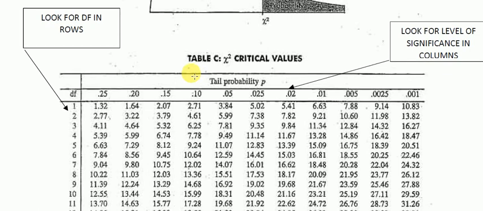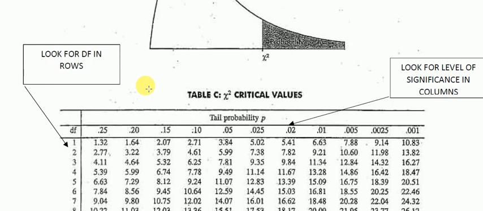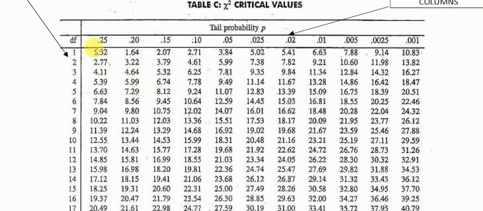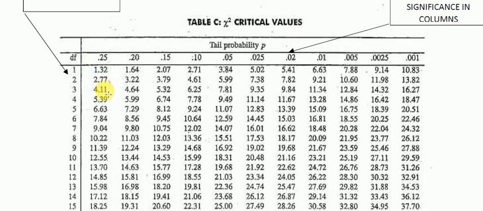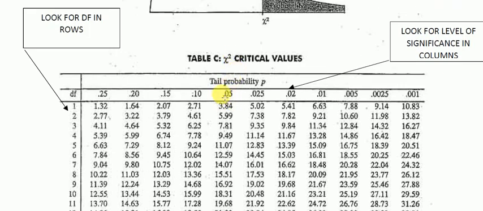Remember that we have already calculated the value of chi-square calculated. This is a chi-square table, and we'll be provided with it during the exam. We have degrees of freedom over here, and level of significance over here. In this case, degrees of freedom was 3 and the level of significance 0.05, so we'll see where both of them intersect.